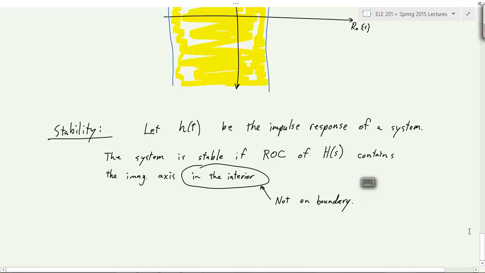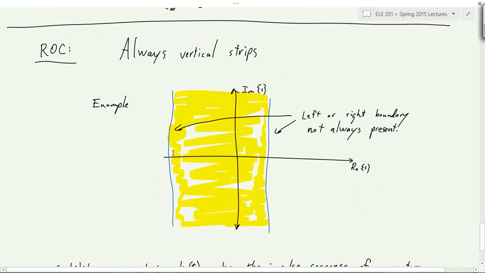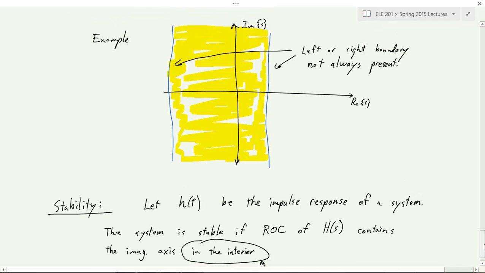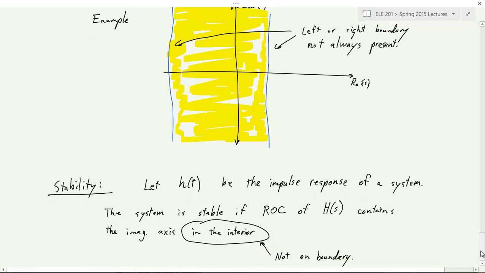The interior of this region I drew up here is real values of s that are strictly within this interval but not equal to the edges. Okay? So if the imaginary axis, like this picture shows, is in the interior, then this system is stable. Of course, it makes very good intuitive sense because that's the Fourier transform, right?